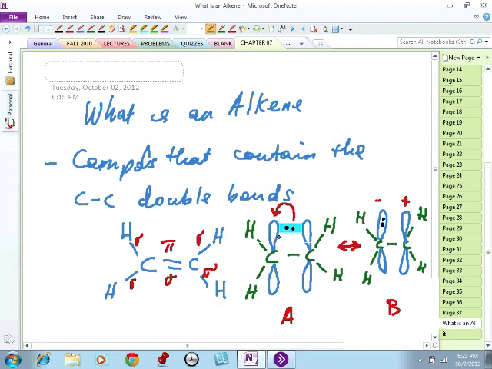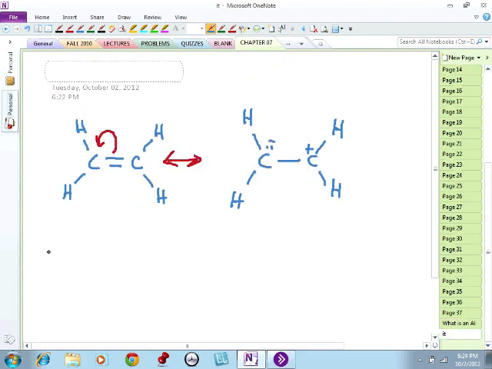All of the physical and chemical properties of alkenes are derived from the fact that we have that carbon-carbon double bond. So the carbon-carbon double bond is what we refer to as the functional group for alkenes.